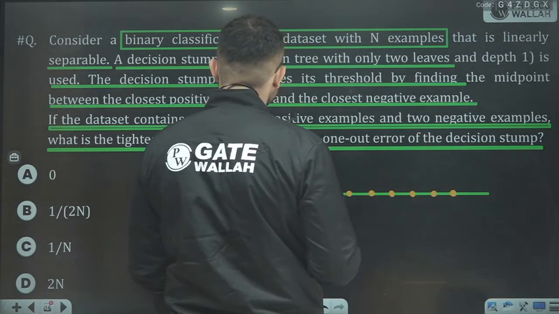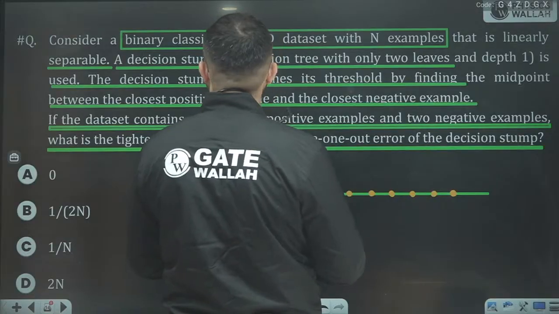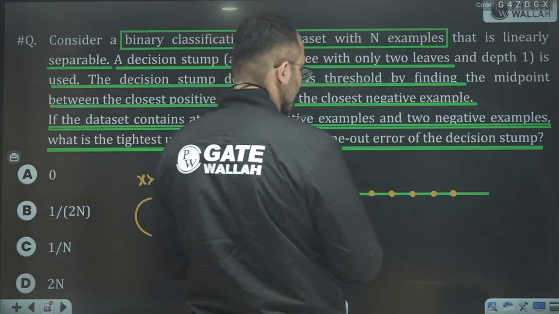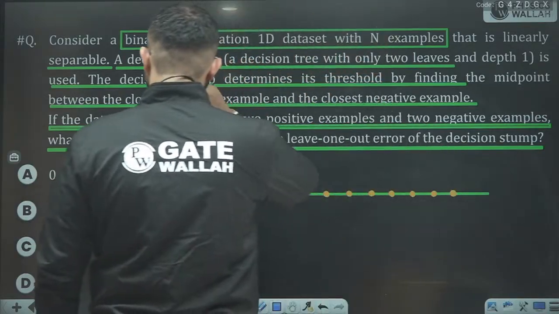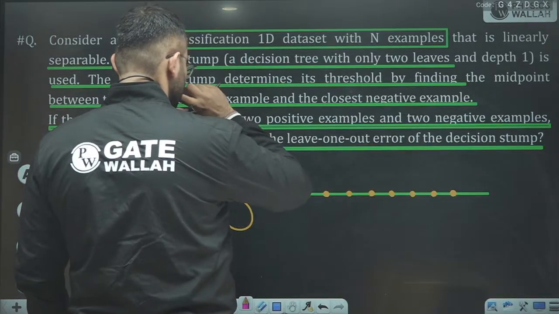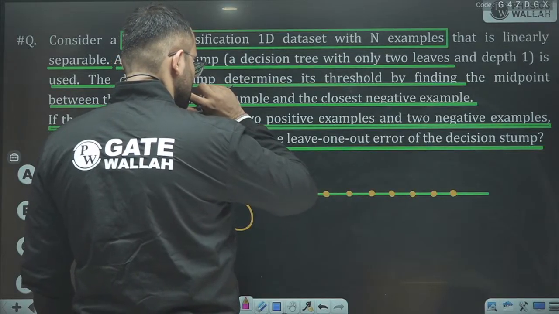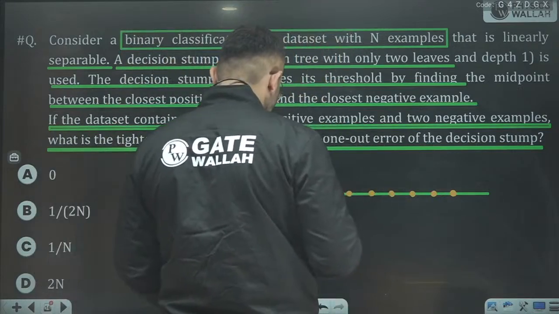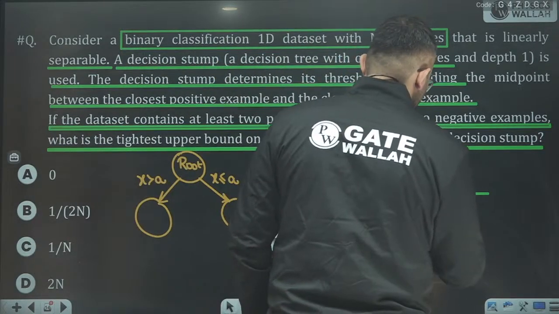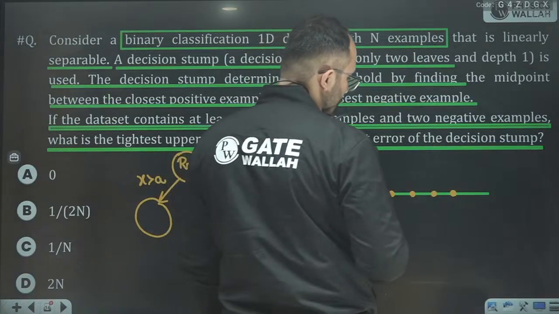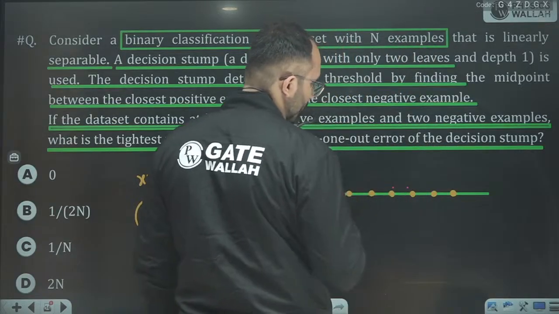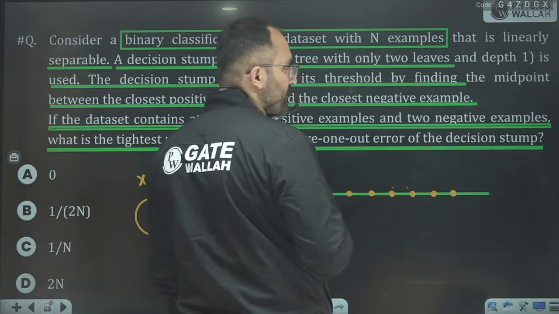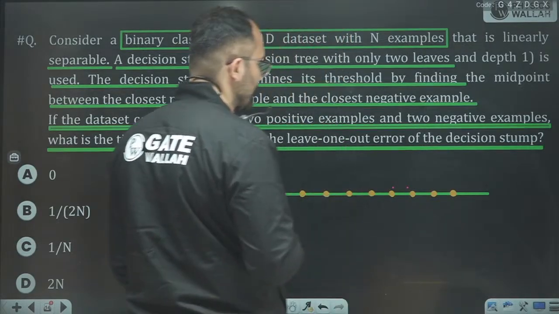So we have to find out the leave one out cross validation error. If we take these as positive, these as negative, obviously the error will be 0. That's fine. We have to find out the maximum upper bound on this condition.